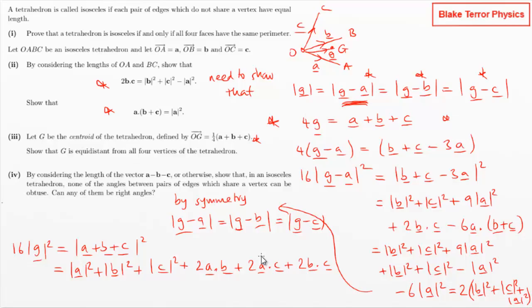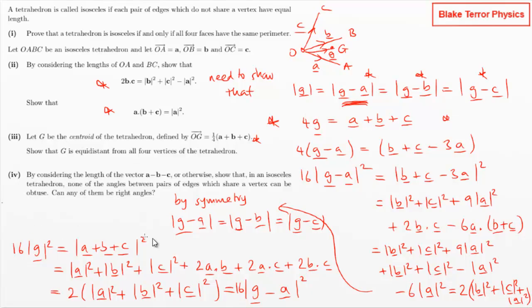So what happens when I add all those up? I'm going to have all combos of this, 2 of each one minus 1 of each one, so that is going to come out the same: mod A squared plus mod B squared plus mod C squared. Which equals mod G minus A, well, it equals that times 16.